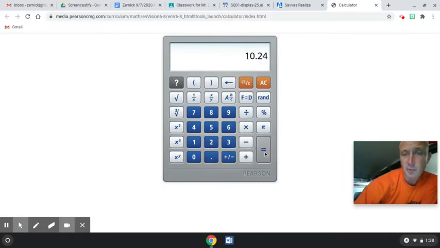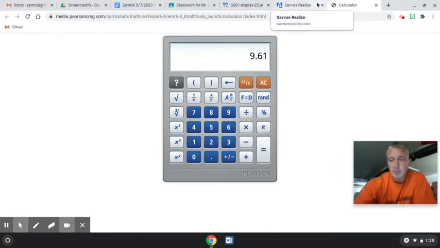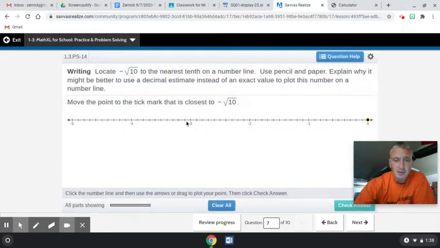That gives me 10.24. See how I'm getting closer to 10? So I'm going to try 3.1 times 3.1, and that's 9.6. So I'm going to say it's around 3.2. It's somewhere between 3.1 and 3.2. So I know it's going to be somewhere right in here, right in that area.